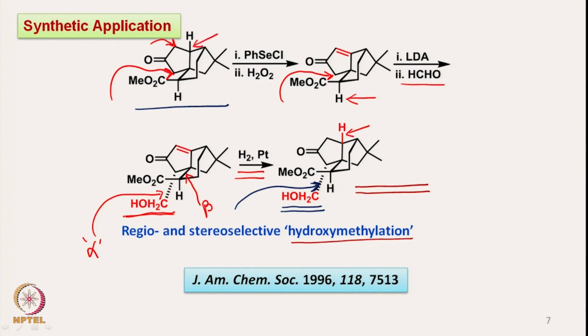So this is a very interesting application of a regio and stereoselective hydroxymethylation. Regio because you are carrying out the reaction on one side of the carbonyl group here, and stereo because you are getting alpha hydroxymethylation.